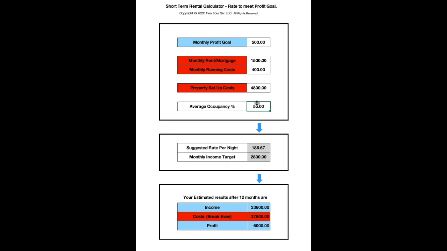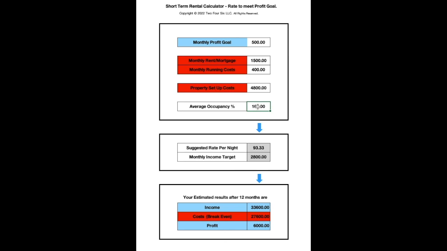With 100% occupancy, we can see that the rate needs to be $93.33. You change it to 95, 100, or whatever you can get away with, obviously. And this shows that at that rate per night, at 100%, I'm going to make the $6,000 profit at the end of the year and hit the $500 profit goal per month.